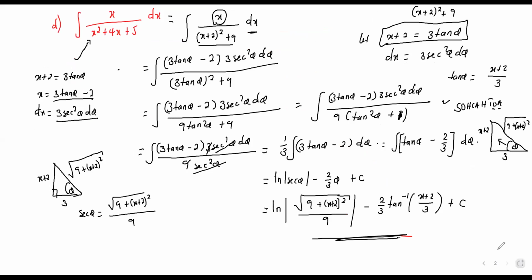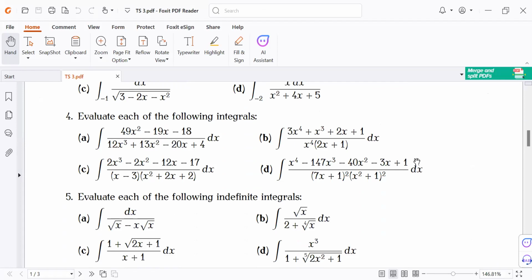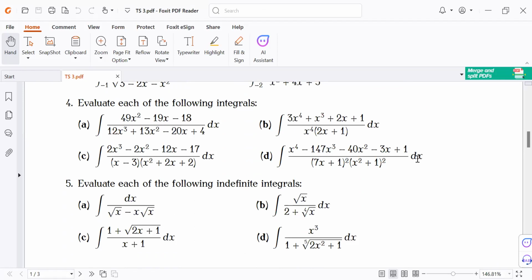Okay, let's go to Question 4. Question 4 is talking about evaluate each of the following integrals. And then look at how it is. You see? So here we use partial fractions. Here we use partial fractions.